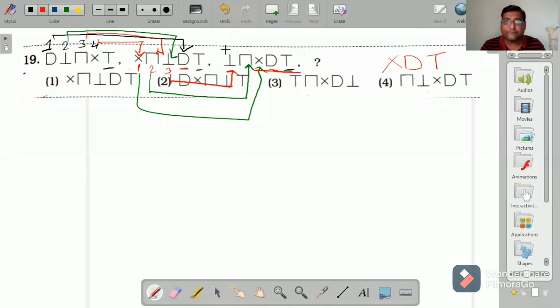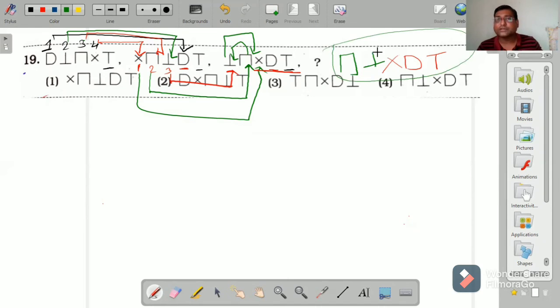Okay, so according to the previous series, only the first and second symbols will change their places in reverse order. Reverse order means the first will go to second and the second will go to first. It means this symbol will come on first and that one will be on second. So this group we have obtained as an answer.